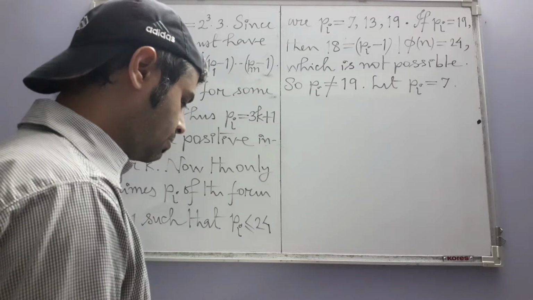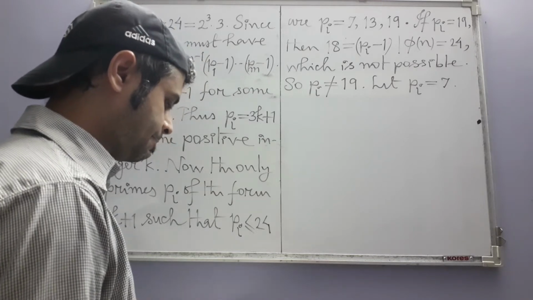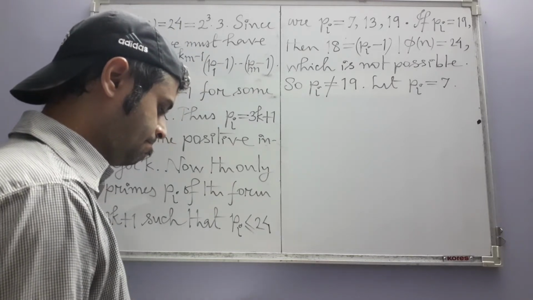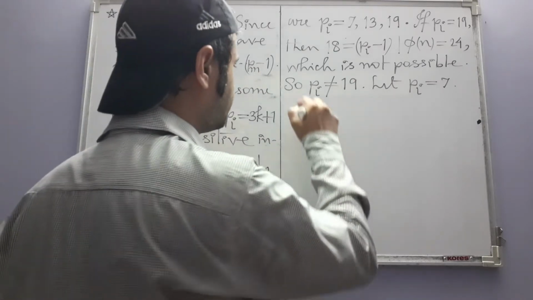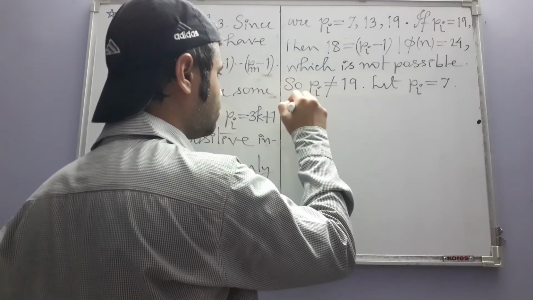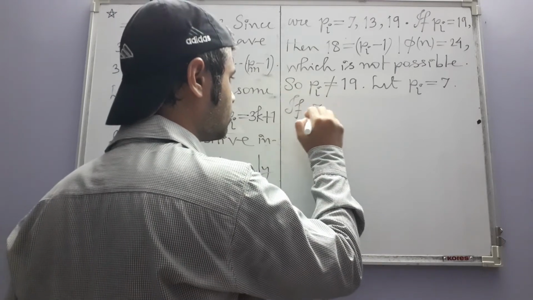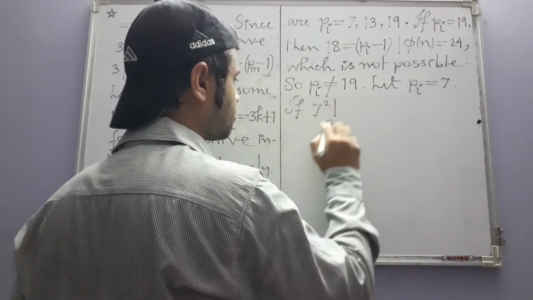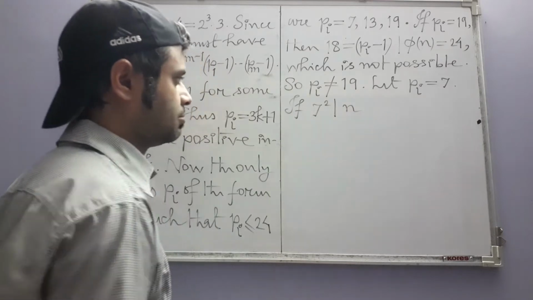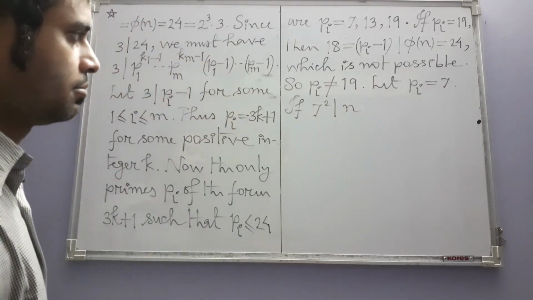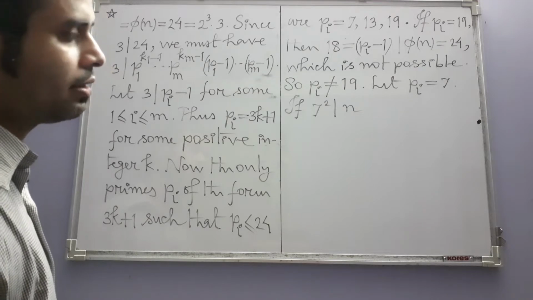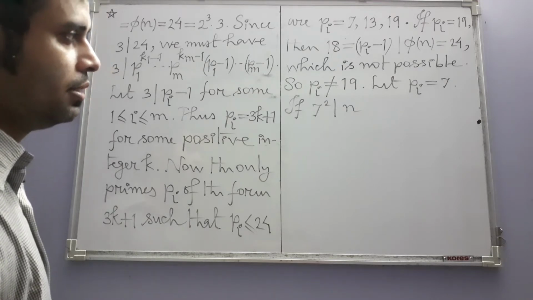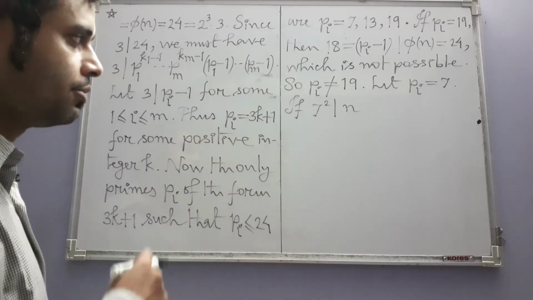If 7 square divides n, if 7 square is dividing n, but that is precisely what I was going to write now.